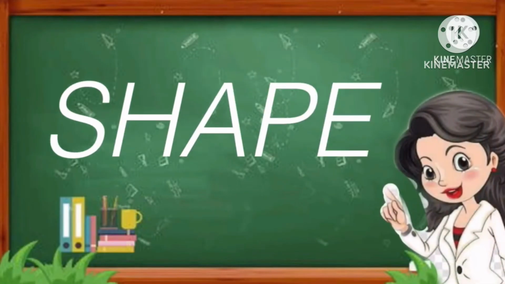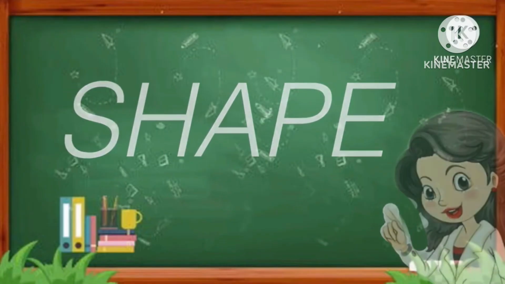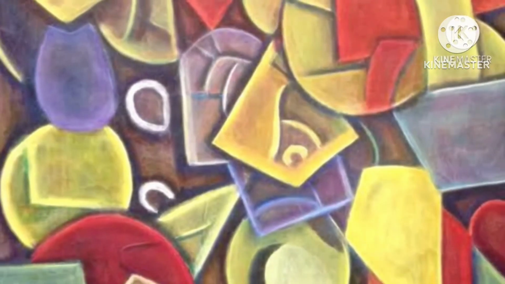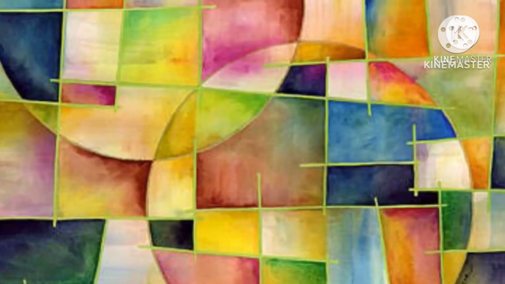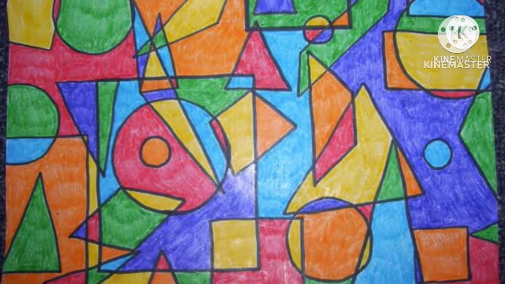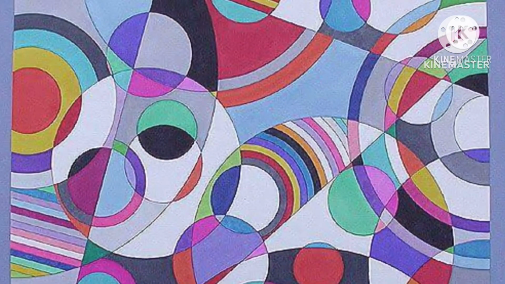The next element of the art is the shape. When the beginning of a line connects with its own ends or intersects with another, it creates shape.